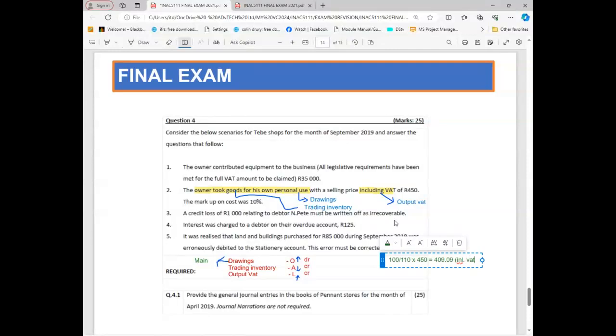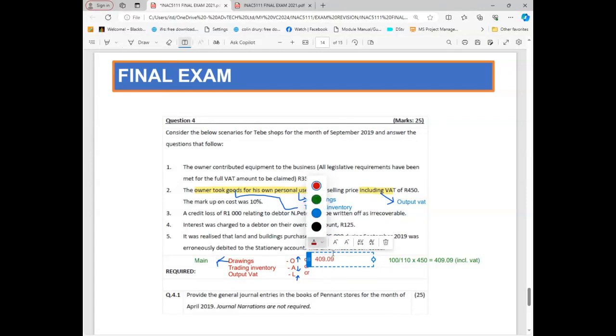This is what we need. It must include VAT, obviously. So this amount will be taken by drawings. Drawings will take this amount.